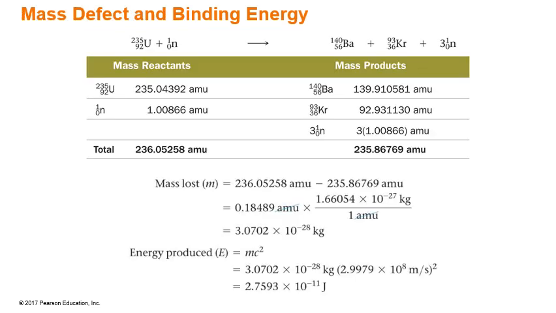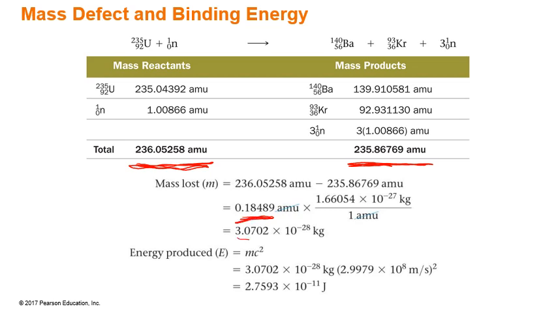So what is that mass? We know energy equals mass times the speed of light squared. Well, the mass is actually the difference between what our reactants weigh in atomic mass units and the products that are produced. There is a small difference in atomic mass units, about 0.18489 atomic mass units.